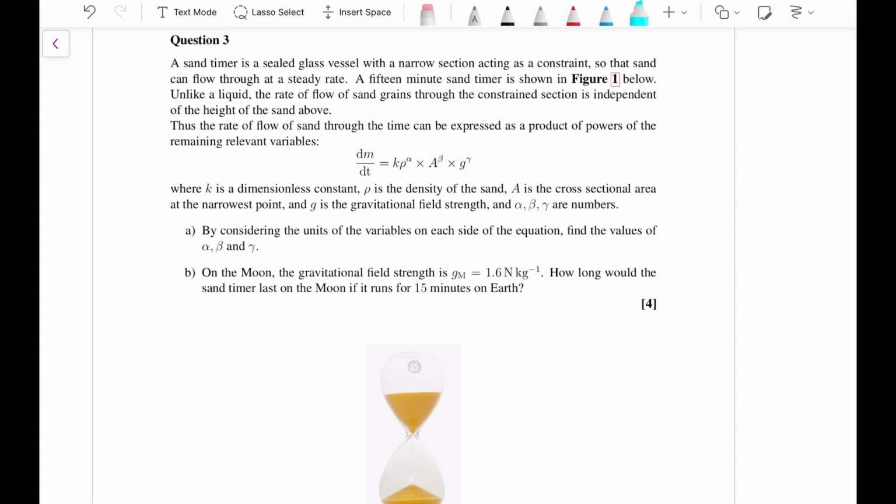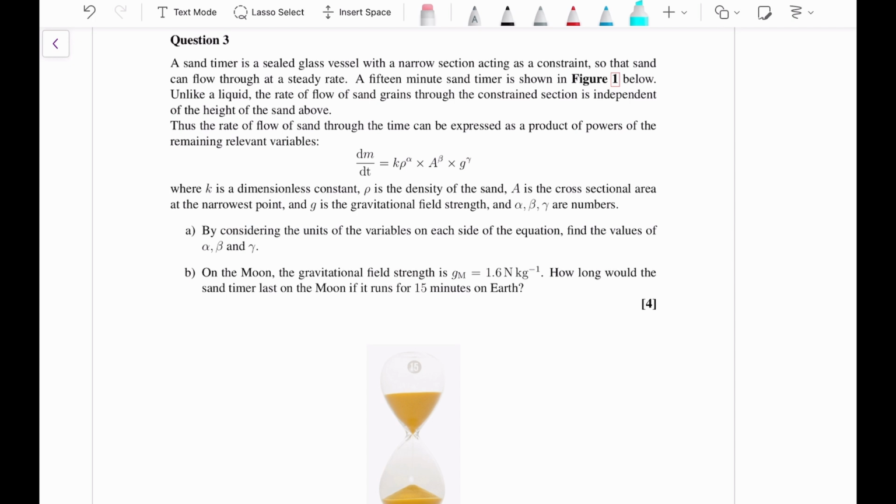Thus, the rate of flow of sand through time can be expressed as the product of the powers of the remaining relevant variables over here. So dm over dt is basically just the rate of change of mass, basically the rate of flow of sand.